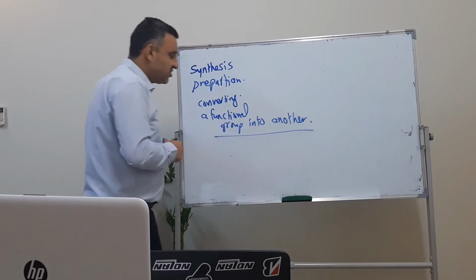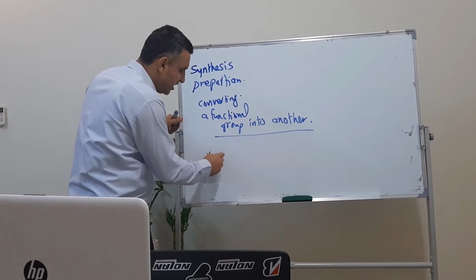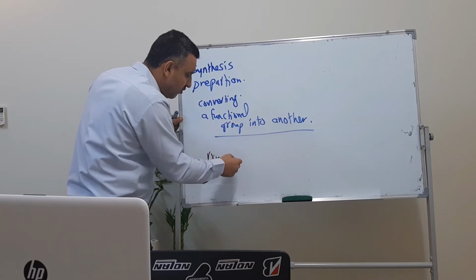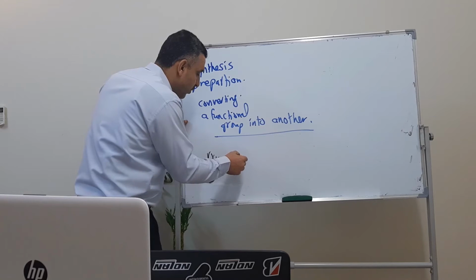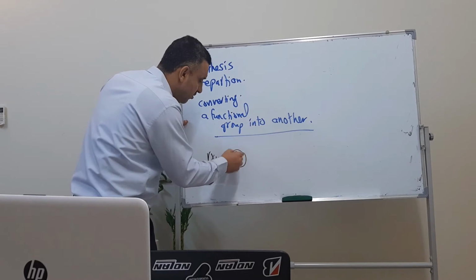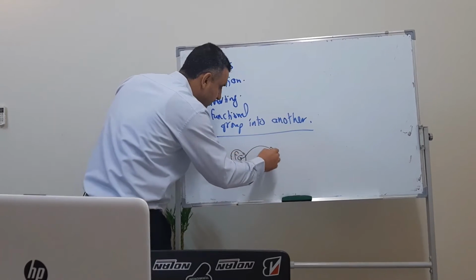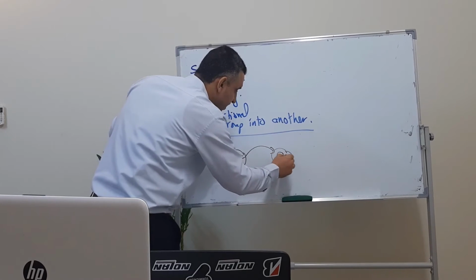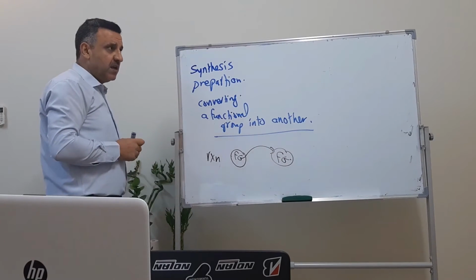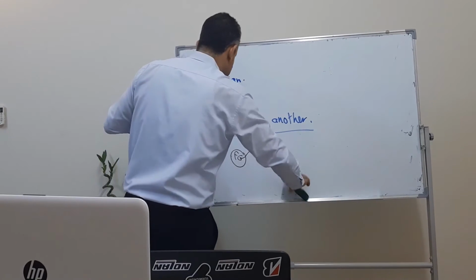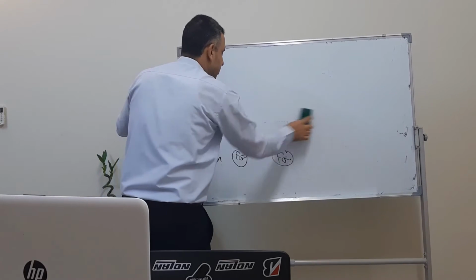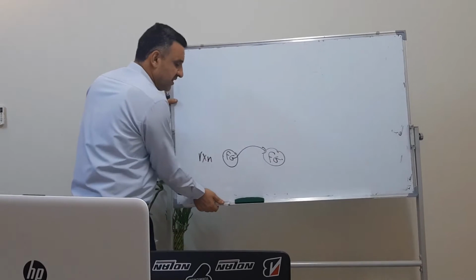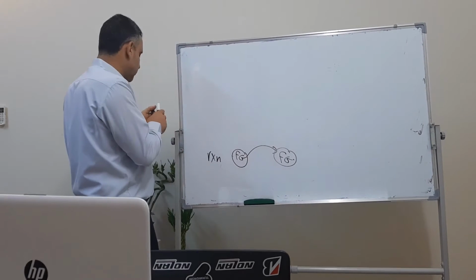Now, whenever you hear reaction, it means, again, similar words but in another concept: converting a functional group into another functional group is simply another terminology we use as synthesis. Let me talk about reactions of alkenes, how to convert alkene into another functional group.